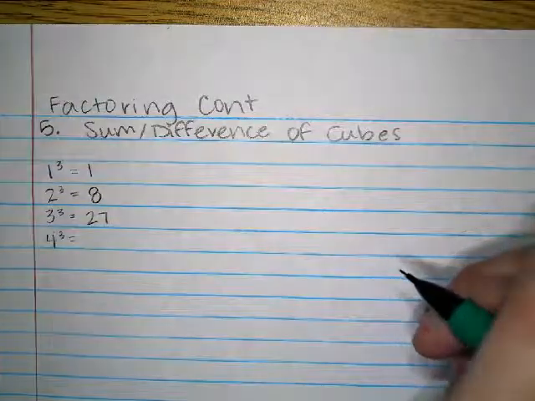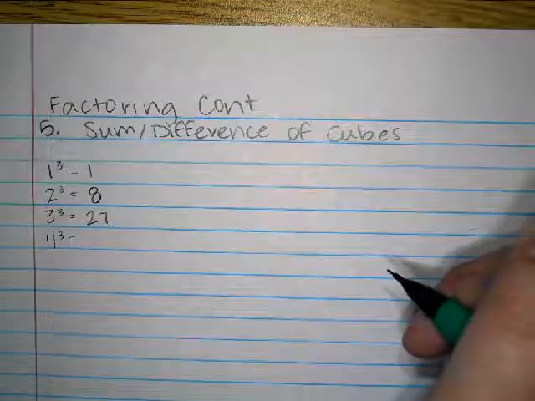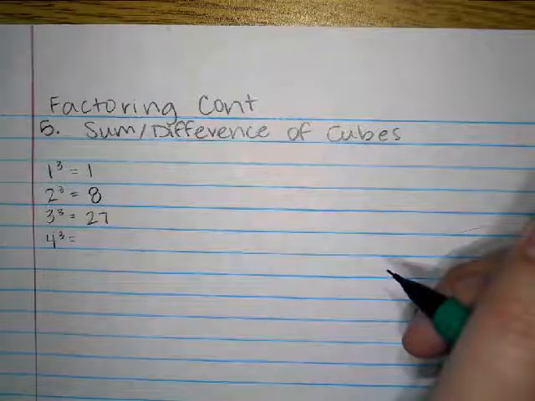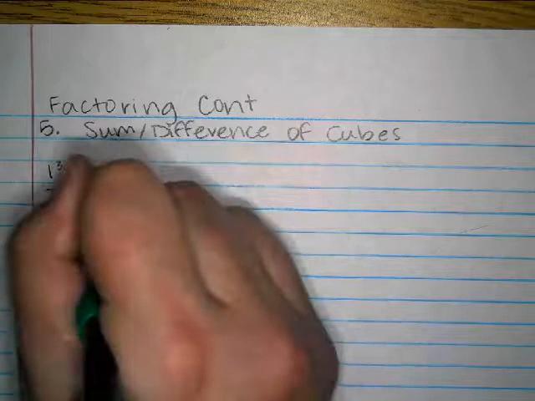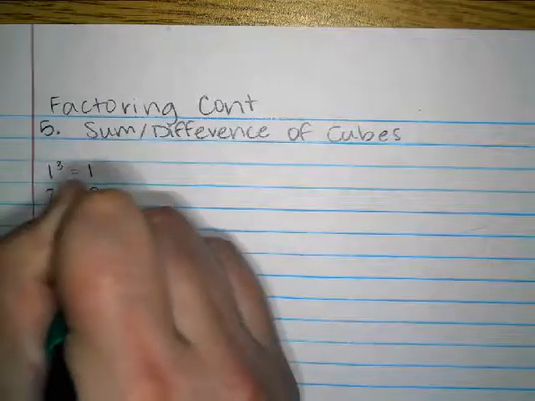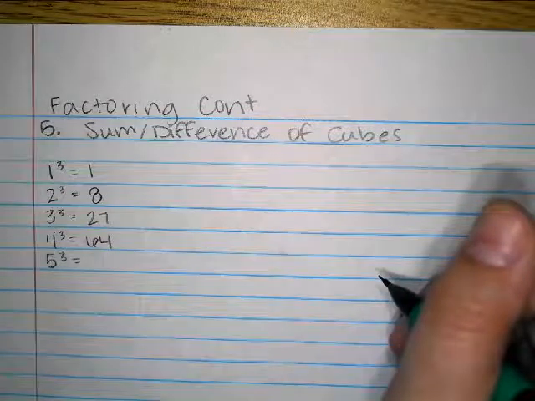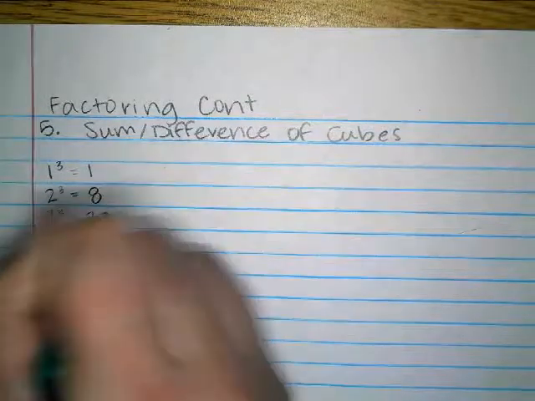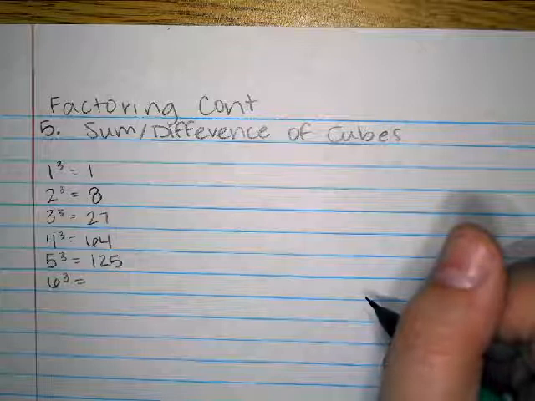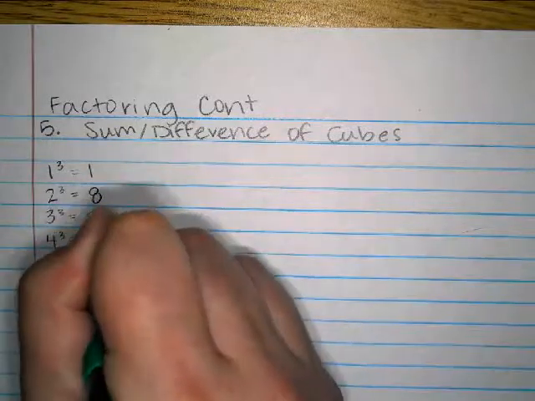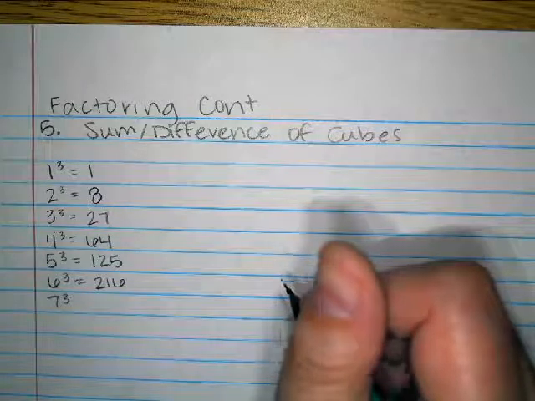4 times 4 times 4. You all have calculators in front of you. 4 times 4 times 4, 64. 5 to the 3rd, 5 times 5 times 5, 125. 6 to the 3rd is 6 times 6 times 6, 216. 7 to the 3rd, 343.